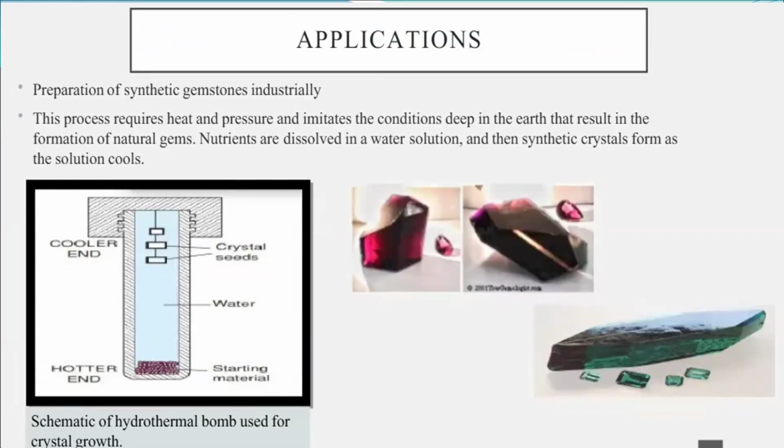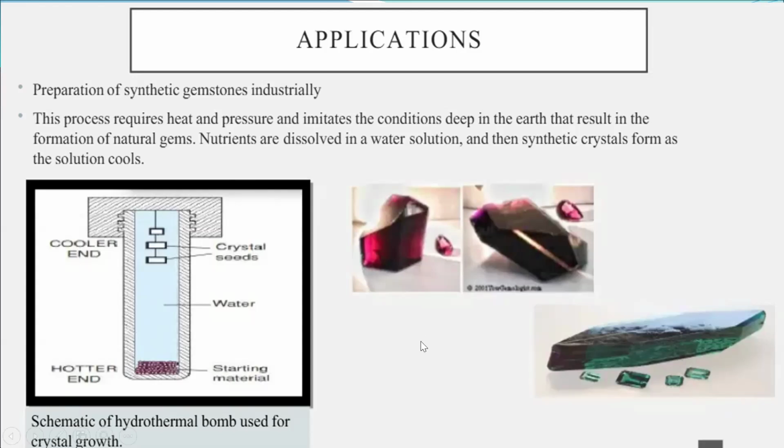The process requires heat and pressure and imitates the conditions deep in the earth that result in the formation of natural gems. So accordingly, that kind of environment will be prepared to create artificial gems. Nutrients are dissolved in water solution and then synthetic crystals form as the solution cools.